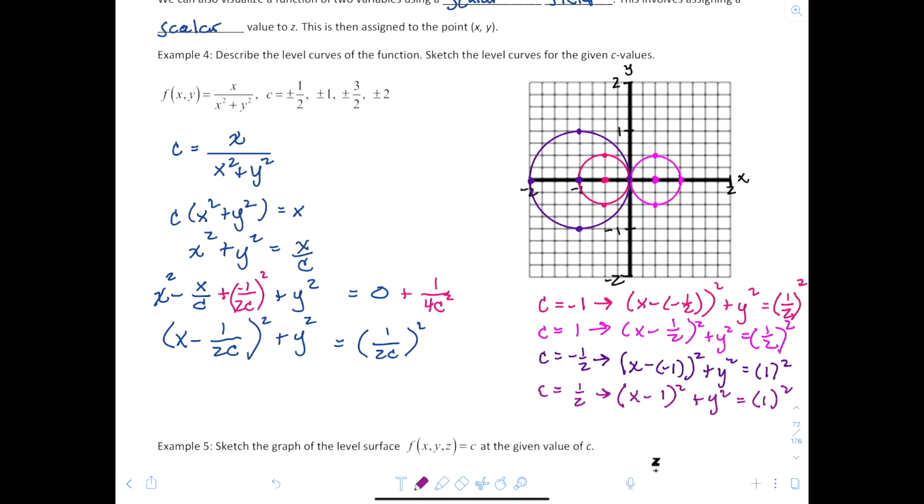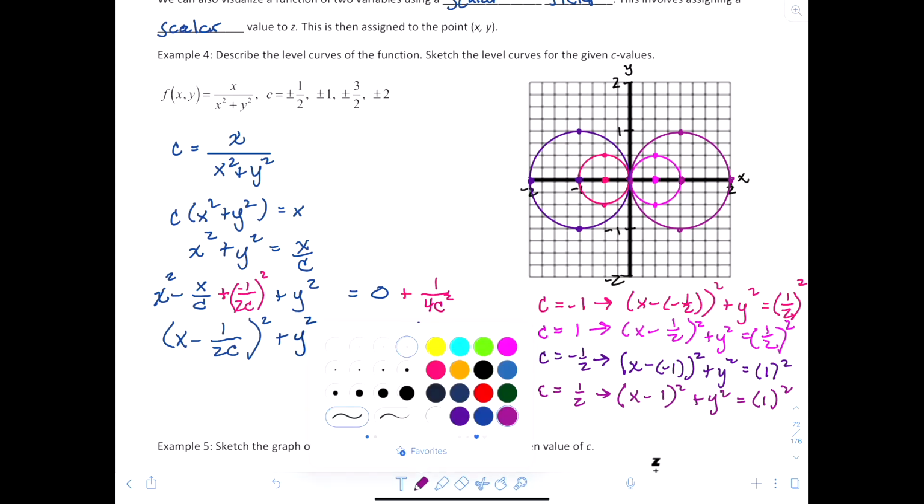So now the center will be at 1, 0. Cool so far? And then continuing, we did 1, plus or minus 1/2, plus or minus 1. Do you see the trend of the circles?